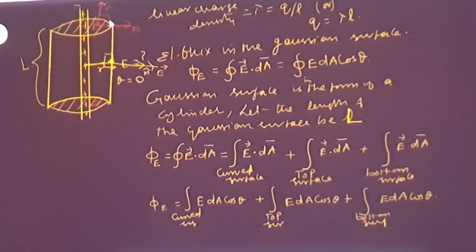So the angle theta between the electric field and the dA vector, or the normal, is 90 degrees. Similarly, at the bottom, the electric field is directed away from the charge and the normal drawn is in this direction, so theta is 90 degrees. Here theta is 0, here theta is 90 degrees, and here also theta is 90 degrees.